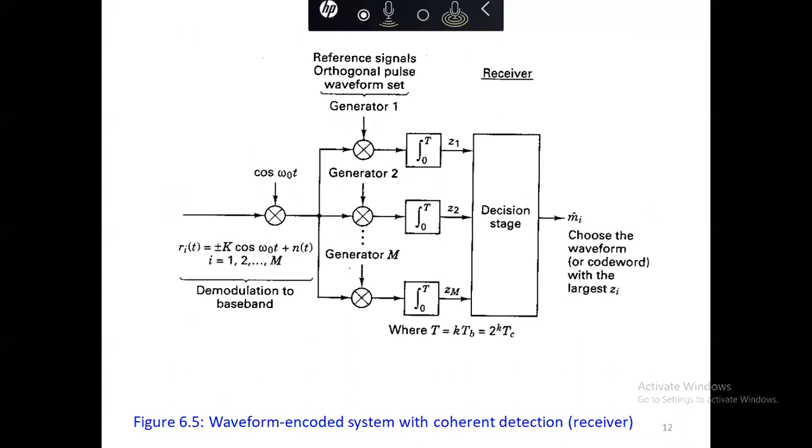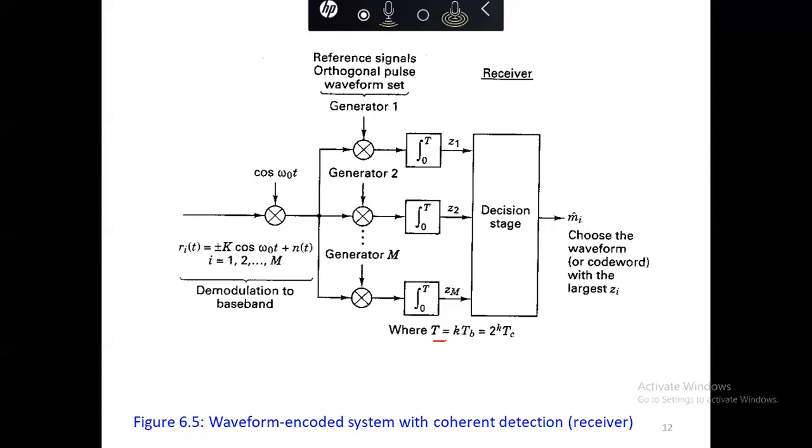For the orthogonal case at the receiving side, we generate the M waveforms, and after multiplication with the carrier, we multiply with the waveform set and integrate it over the bit duration, and then we take the sample, and then we go to the decision stage for all these bits.